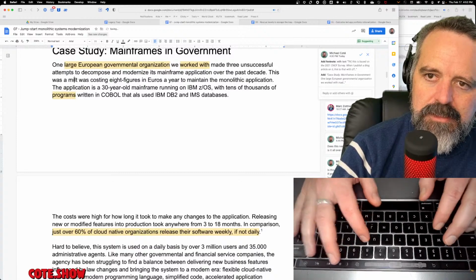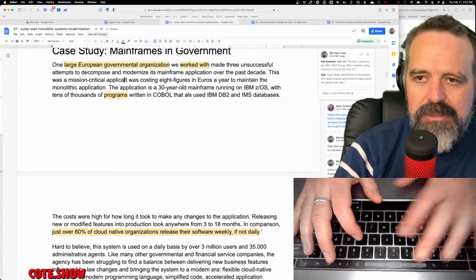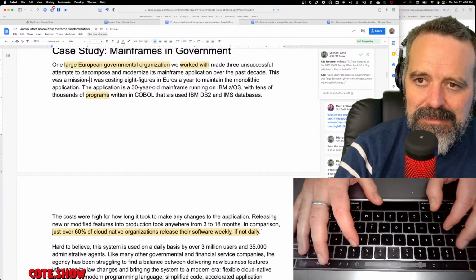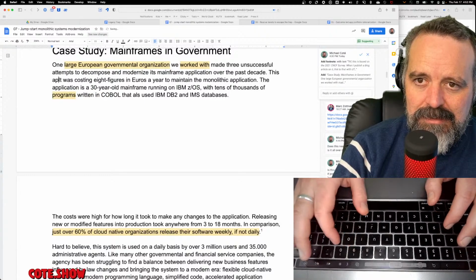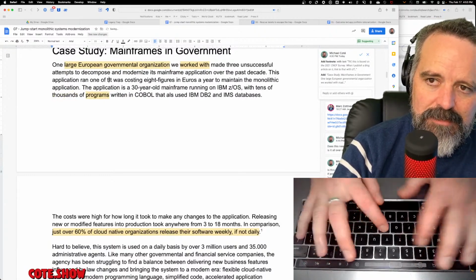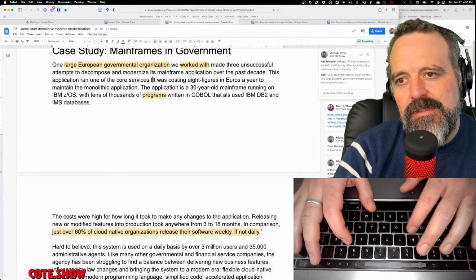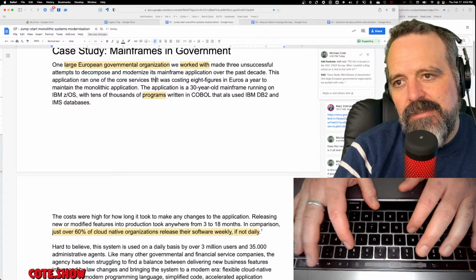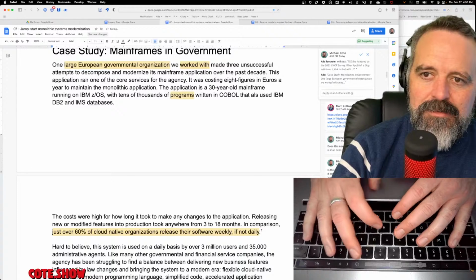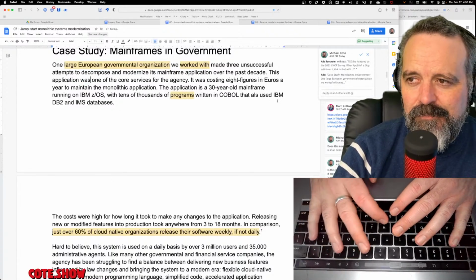This was a mission critical application. This application ran one of the core services for the agency. Let's just say was one of the core services for the agency.